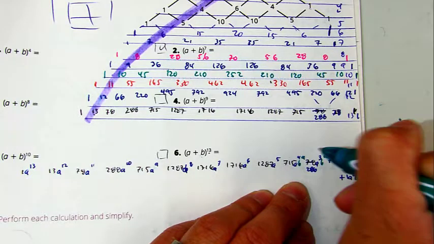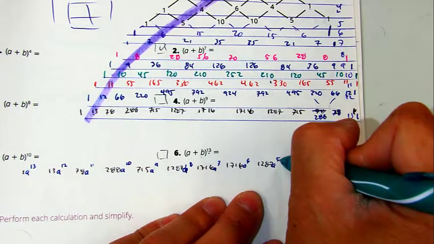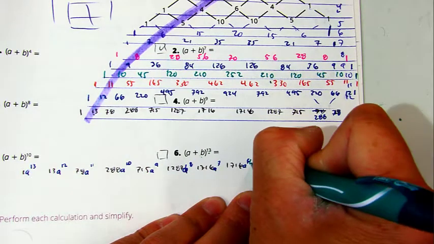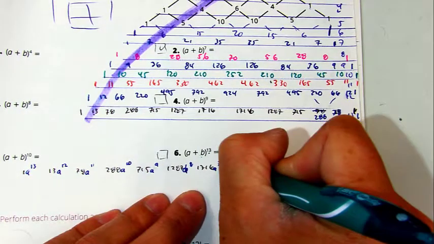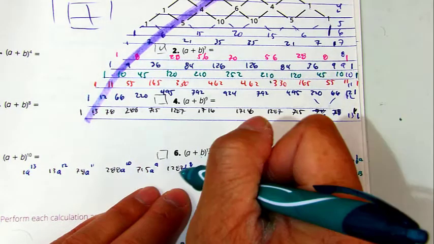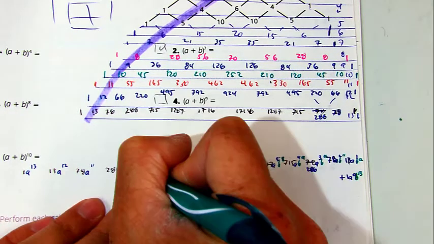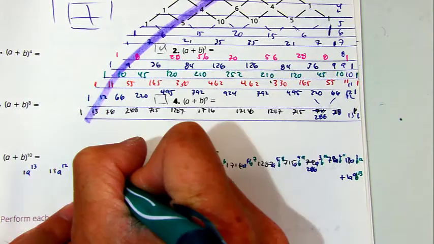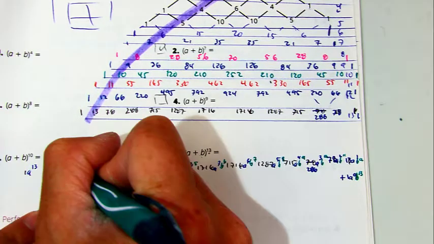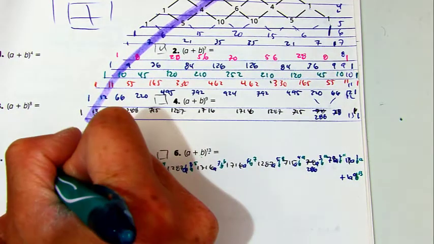I can't zoom in anymore, guys. B to the 8, B to the 7, B to the 6, B to the 5, B to the 4, B to the 3, B to the second, B to the first, and then B to the 0 power.